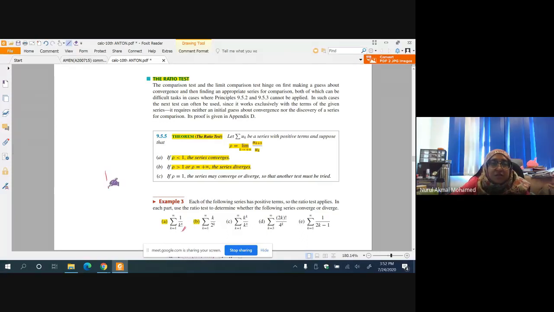This is called factorial. If you have 5 factorial, it is 5 multiplied by 4, multiplied by 3, multiplied by 2, multiplied by 1. So this is called factorial. It is normally applied to the ones that involve factorial.